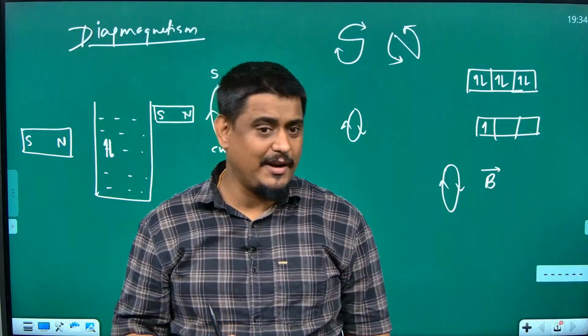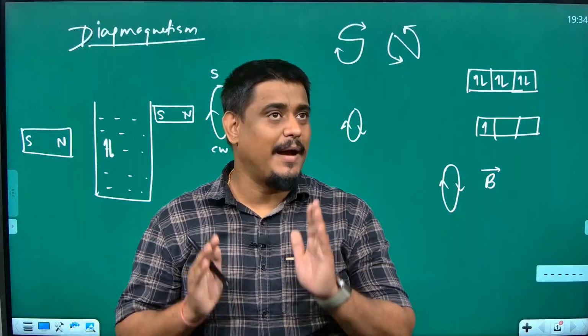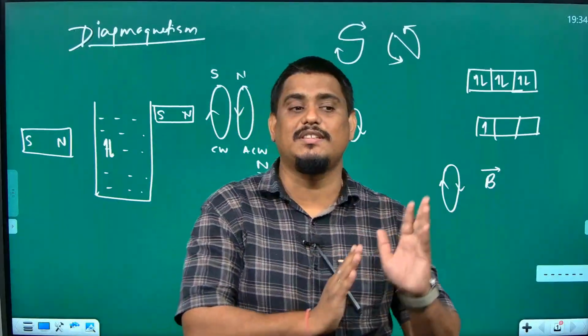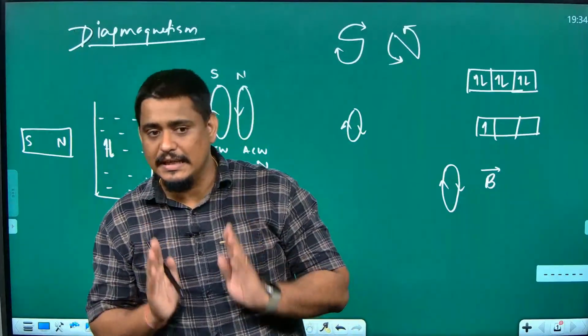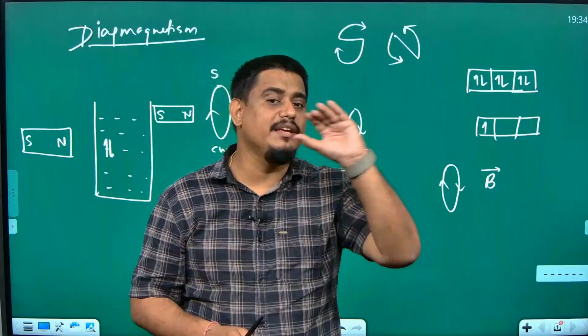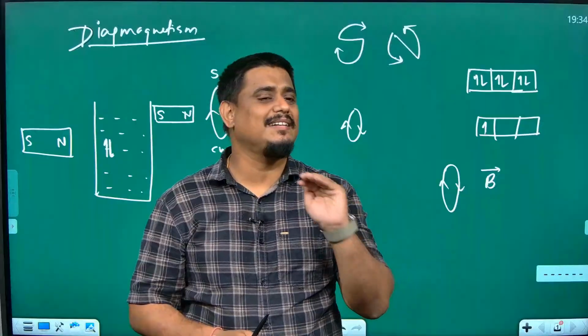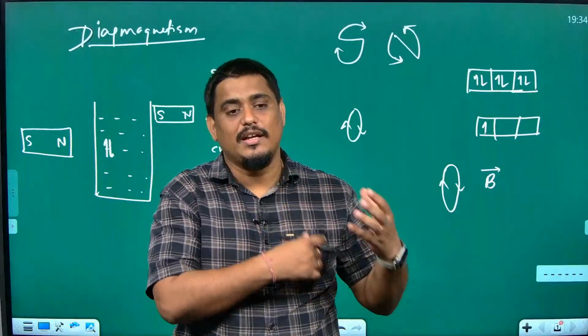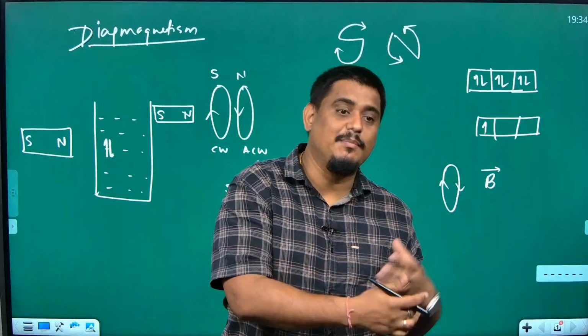Are you getting what I am trying to say? When a magnetic material is brought near an atom with paired electrons, the magnet coming near will start to increase the magnetic field.